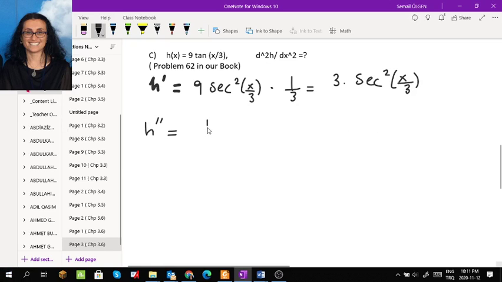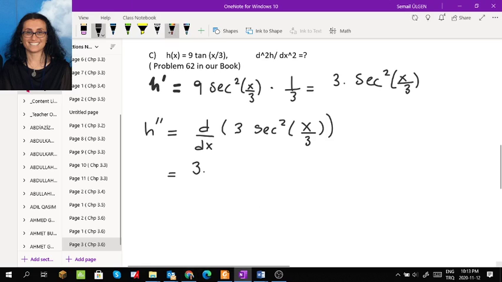it's the derivative of this expression, so I'm going to write it down. So this is 3 secant squared x over 3. Close it. So let's take the derivative of this. This is a constant. The derivative of secant squared is, we have the power rule here.